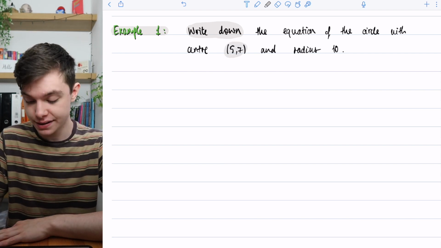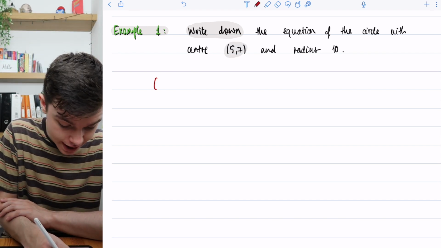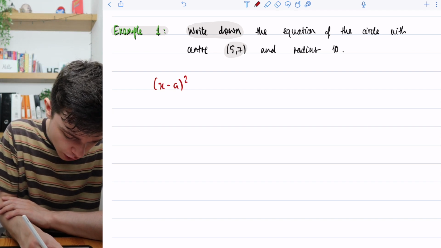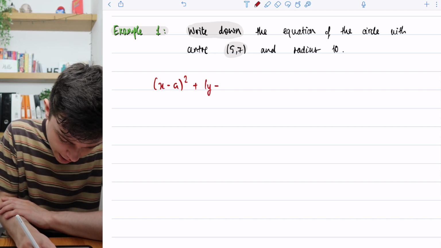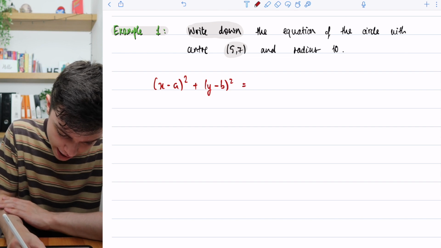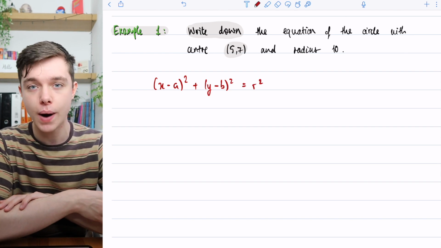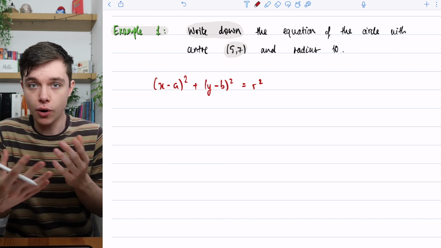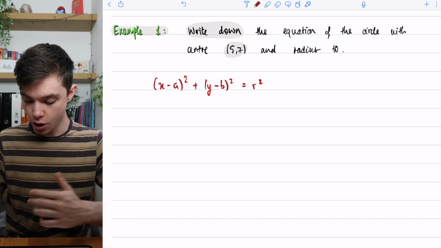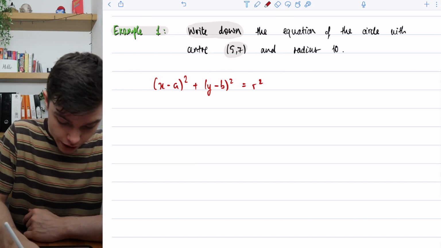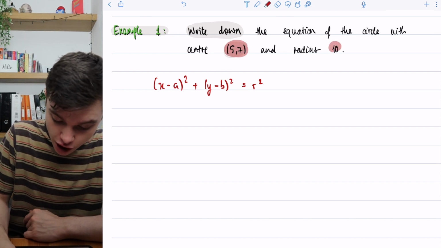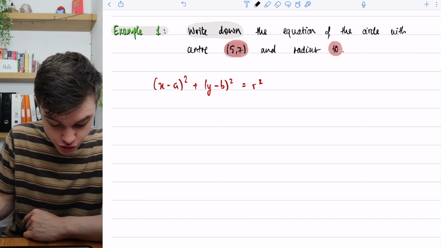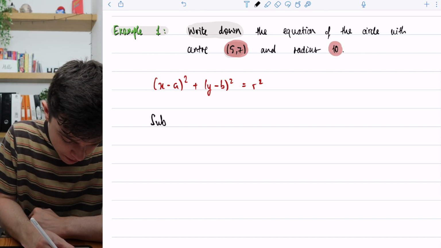So the form is (x minus a) all squared plus (y minus b) all squared is equal to the radius squared. (a, b) is the centre of the circle, so all we have to do is substitute in what we know. We know the centre is 5, 7 and the radius is 10, so let's just substitute.